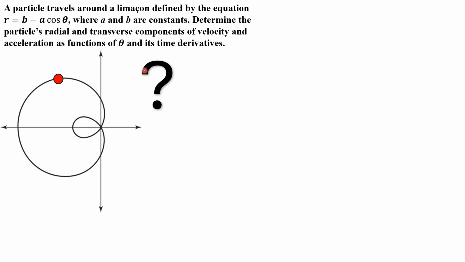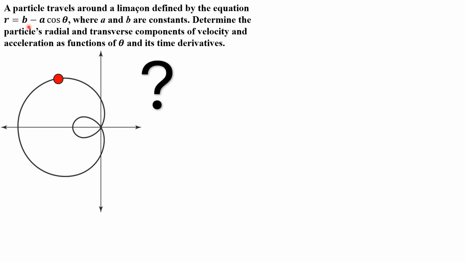Now, the reason why I put this question mark here is that, in fact, the shape of this curve, which is known as the limaçon here, depends on the value of b and a, right? Now, I draw this curve here like this with an inner loop, assuming that the ratio of a over b would be less than 1.